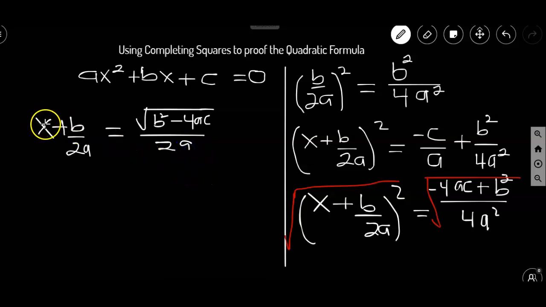Now we want to solve for x. It's added by b over 2a, so we have to bring it over here. Any time we take a square root, we have to add our plus or minus in front here. So now we're bringing this over here. It is addition, so when it comes here, it's going to be minus.